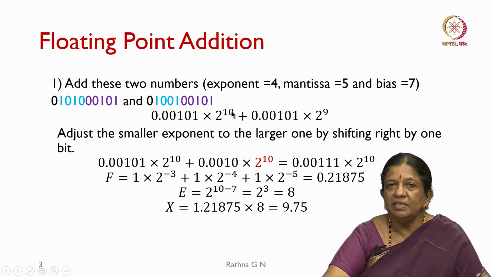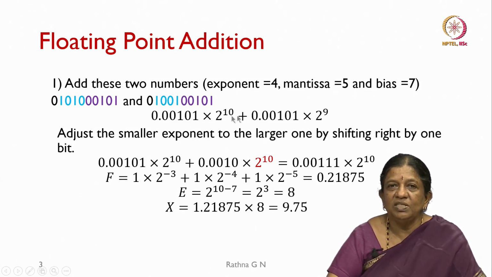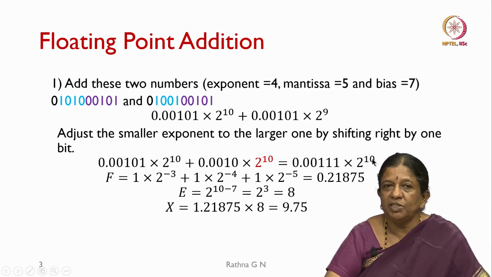Usually, what we do is adjust the smaller exponent to the larger one, so that both the exponents become equal. Only then can we add the two numbers in the floating point number system. So, we shift this number by 1 bit to the right and then increase the exponent to 2 power 10 as seen here, and then we do the addition keeping the same exponent.